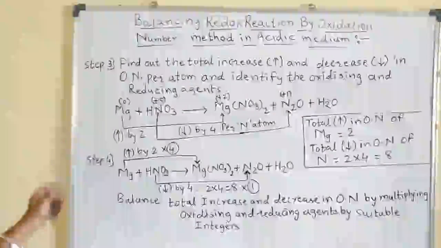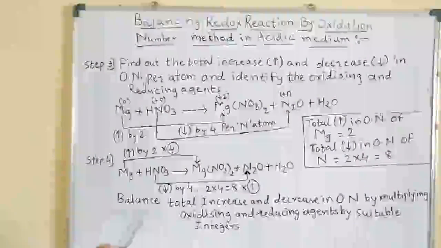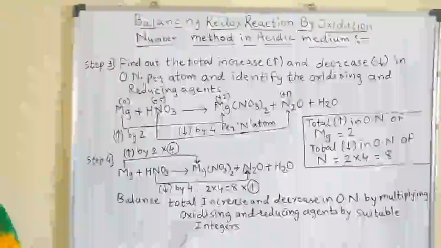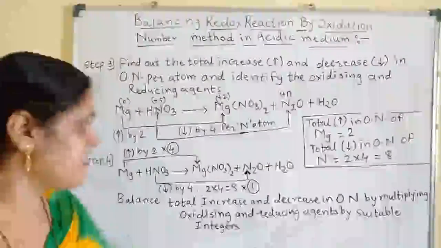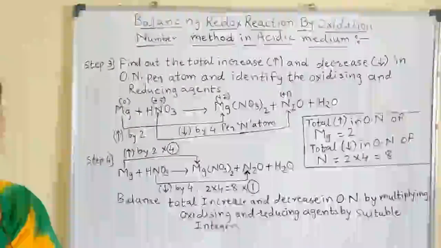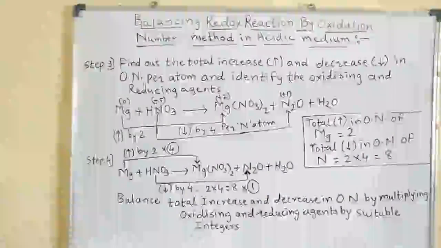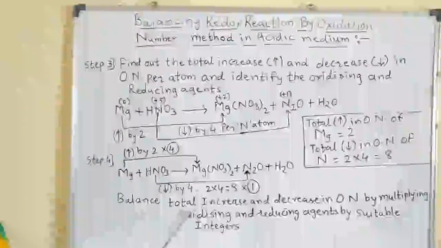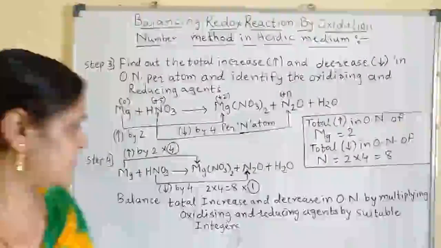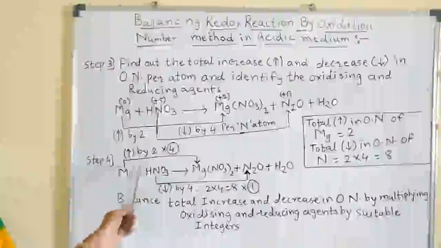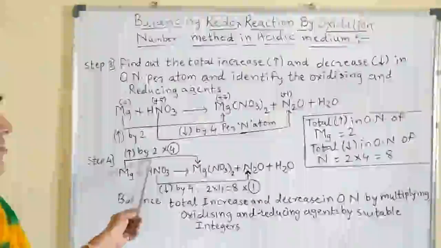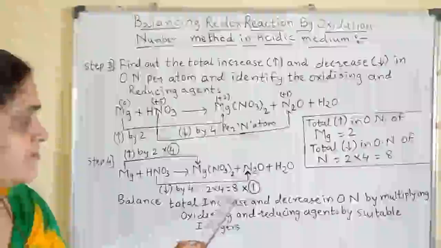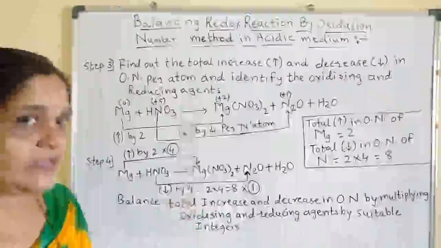Now what we have to do in the next step? The next step, we have to balance the total increase and decrease in oxidation number by multiplying oxidizing and reducing agents by suitable integer. Now here magnesium shows increase in oxidation number by 2, while nitrogen shows total decrease in oxidation number by 8.